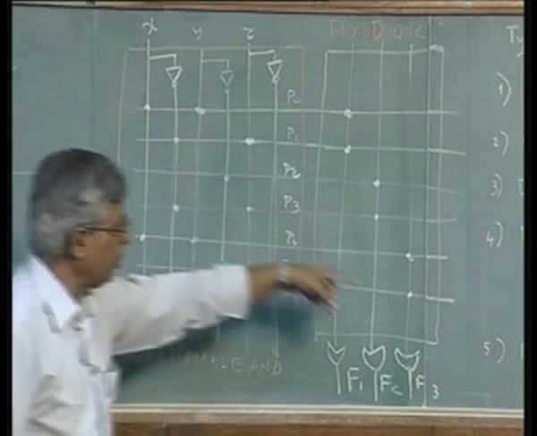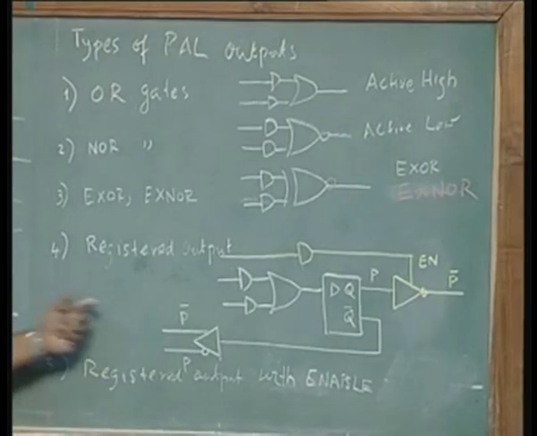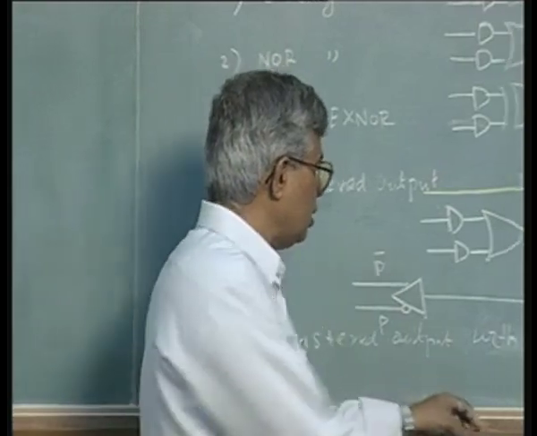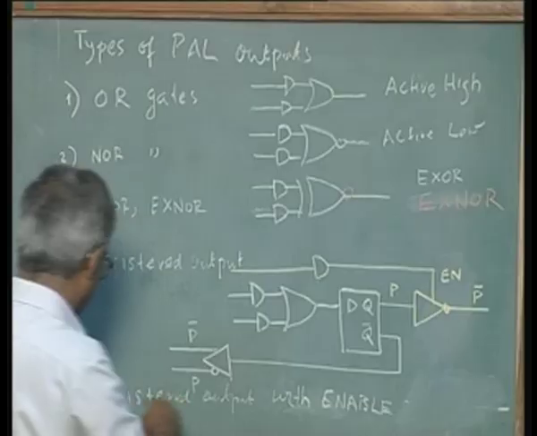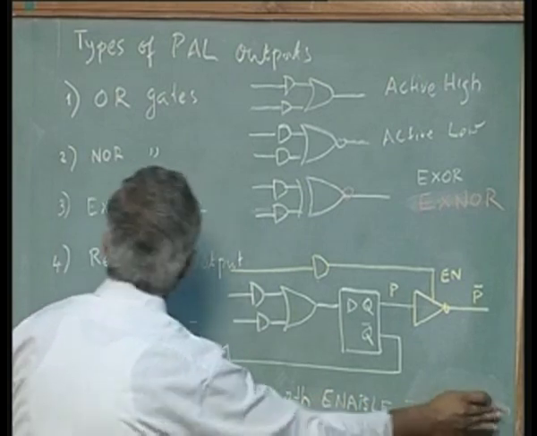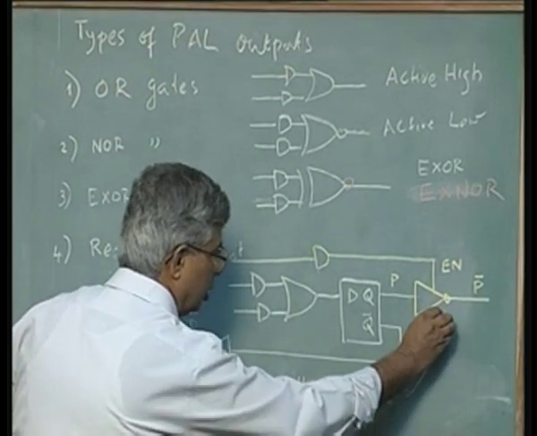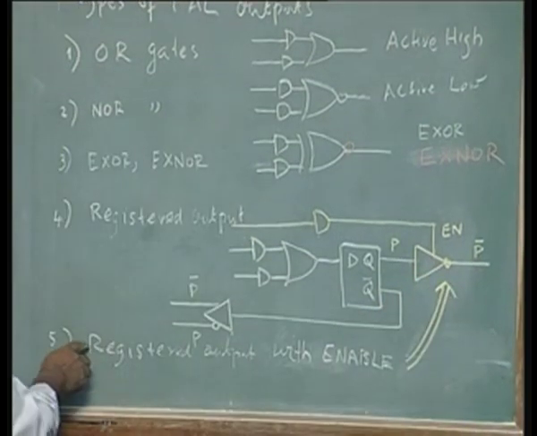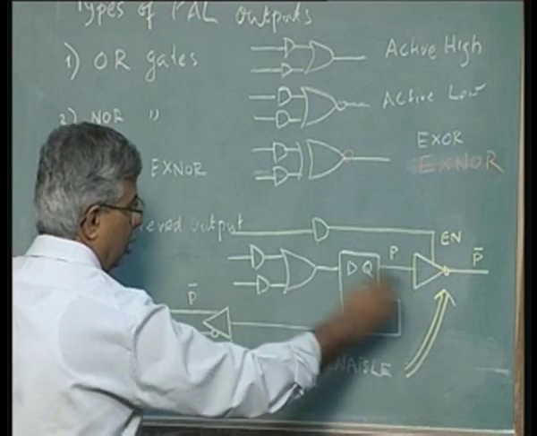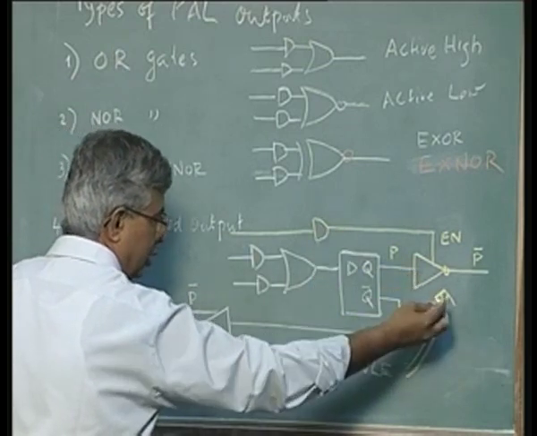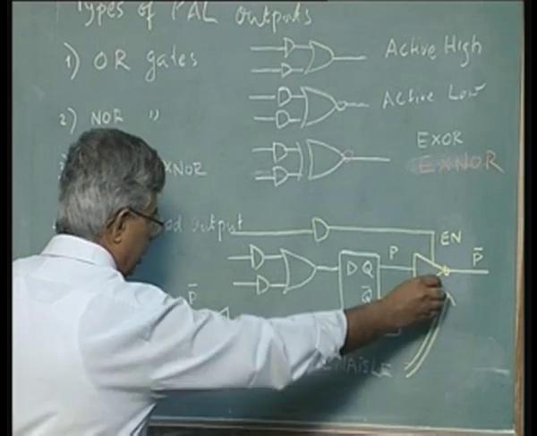X, Y, Z, P, all of them can take part in determining the enable function. So, this option of enable is the fifth output variation possible. I will put this arrow to indicate the registered output is enabled because of this extra logic that I have drawn here using this colored chalk.